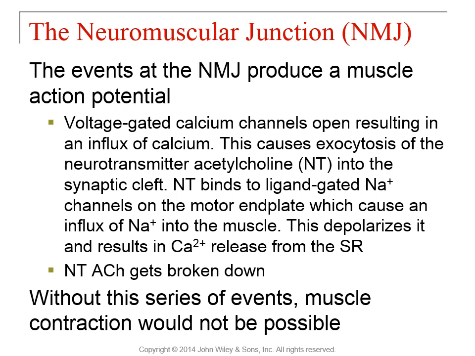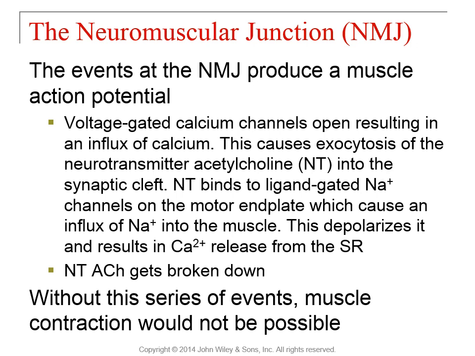So what happens is you have exocytosis of acetylcholine, which is the main neurotransmitter. There's another one we'll get into, the autonomic nervous system, but for now, for skeletal muscle, acetylcholine is the main neurotransmitter that becomes secreted through exocytosis, which you should remember from a couple of chapters back, into the synaptic cleft. So this neurotransmitter is going to bind with ligand-gated sodium channels on the motor end plate.